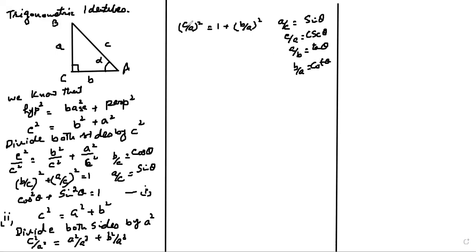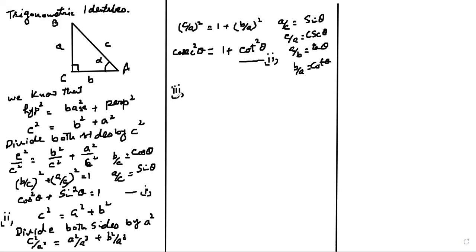Now substituting the values, we have C over A squared is cosecant square theta equals 1 plus cotangent square theta. This is our second identity. And I told you that the identities are the statements which are true for every value of x or theta, whichever.